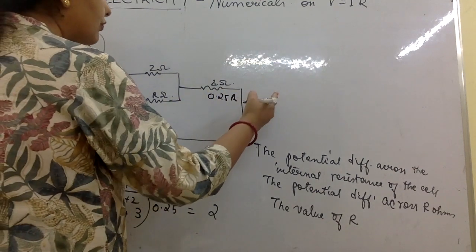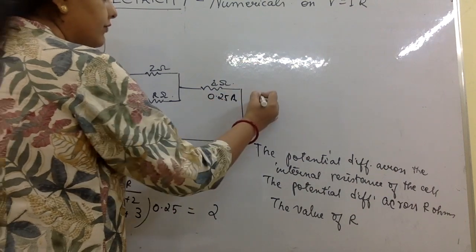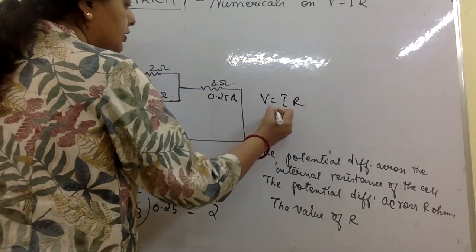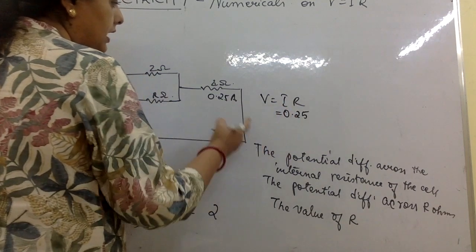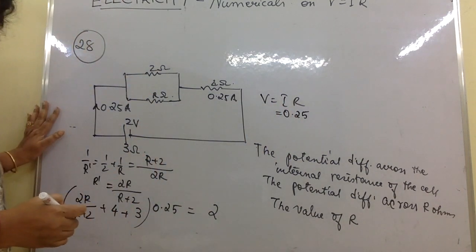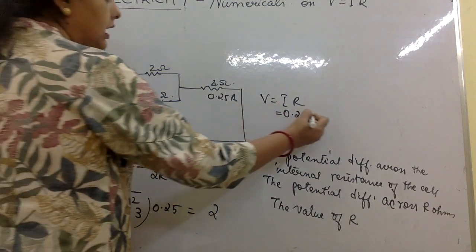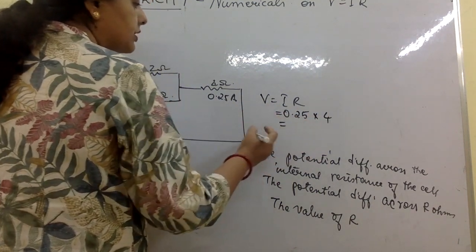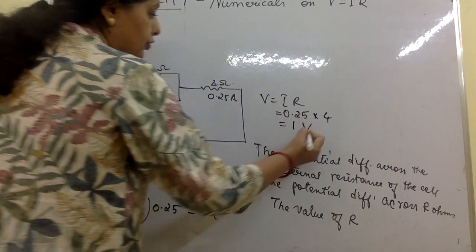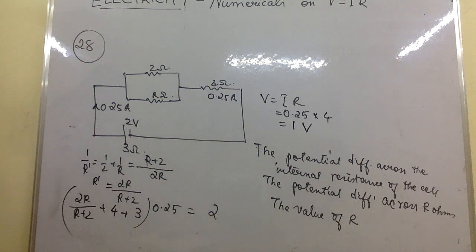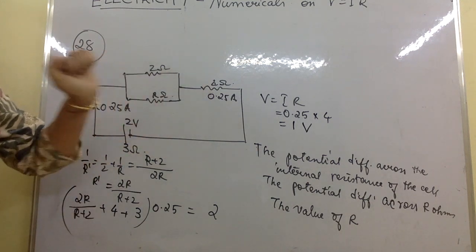So V is equal to IR. Here current is 0.25 and R is 4. Then how much is the potential difference? That comes to 1 volt. So the potential difference across the 4 ohms is 1 volt.